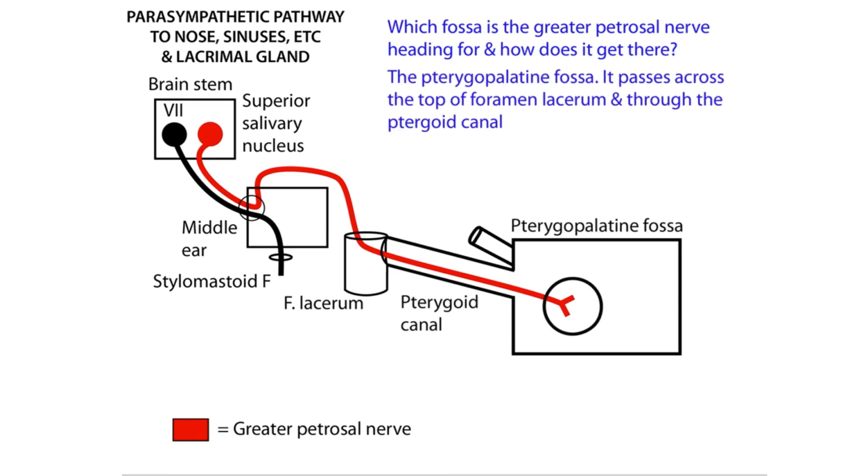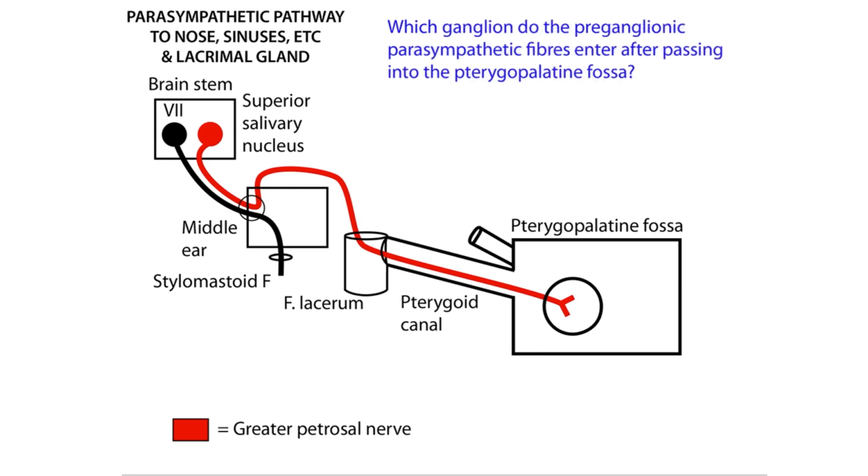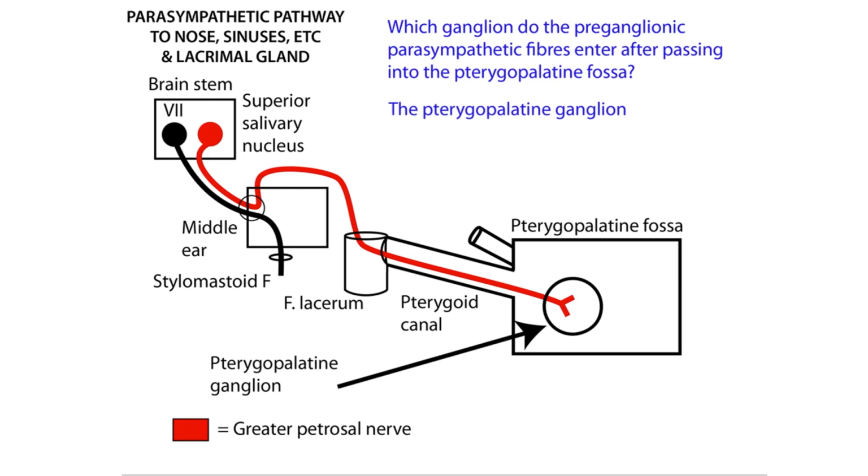Which fossa is the greater petrosal nerve heading for, and how does it get there? Well, it's heading for the pterygopalatine fossa, and it passes across the top of the foramen lacerum and enters the pterygoid canal. Then we must ask, what is the name of the ganglion that lies in the pterygopalatine fossa? And this, of course, is the pterygopalatine ganglion.